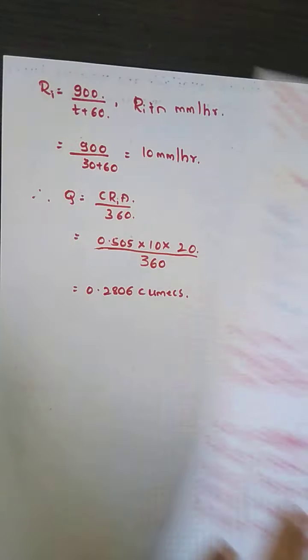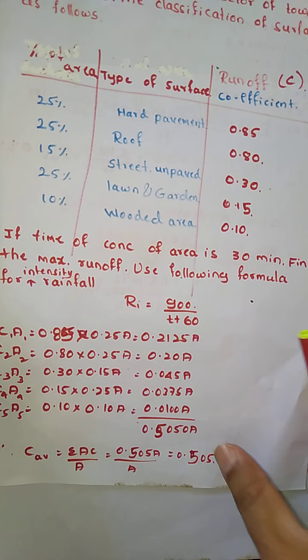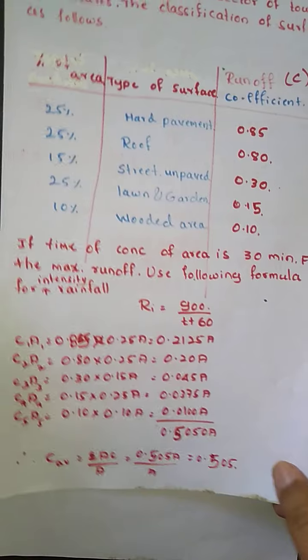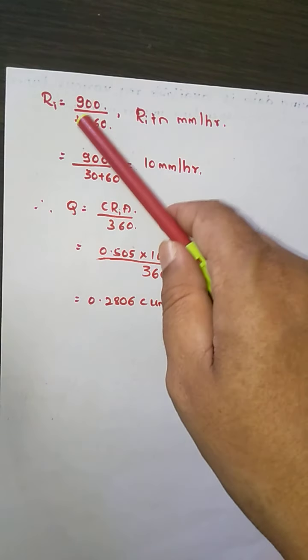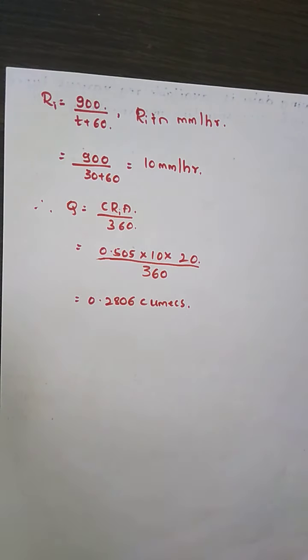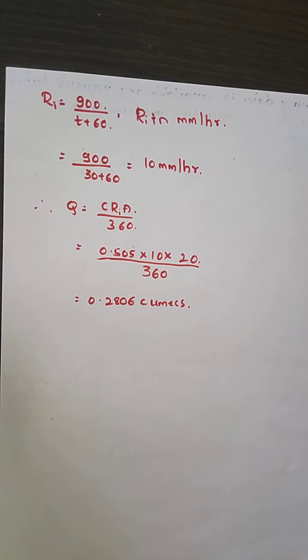Here they have given the time of concentration, that is, 30 minutes of rainfall is going to occur. So that T we are going to substitute here. Then we have determined the rainfall intensity. Then Q, the storm water flow, can be determined by using the formula, A into I into Ri, but instead of I, the impermeability factor, here we have utilized the coefficient of runoff.